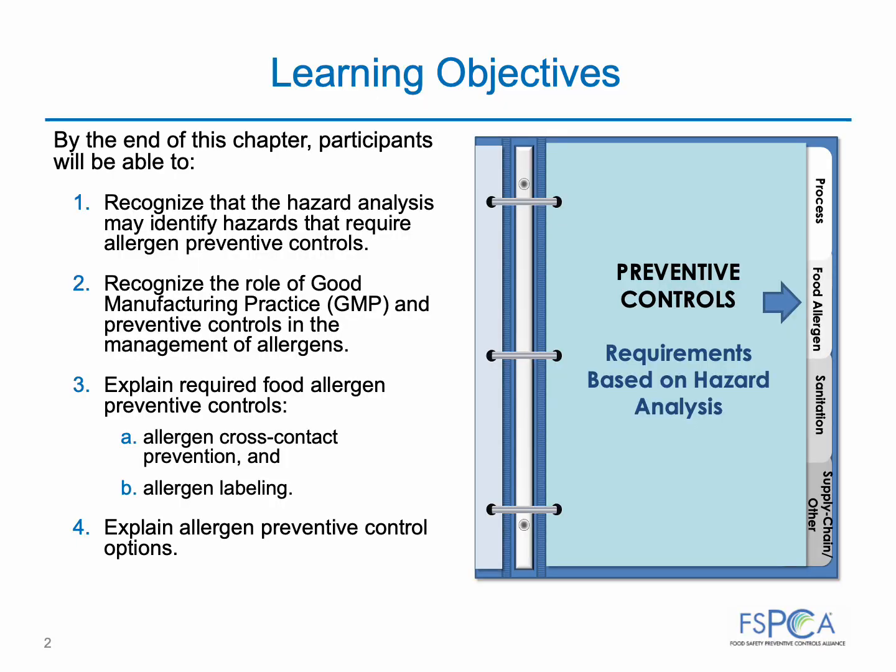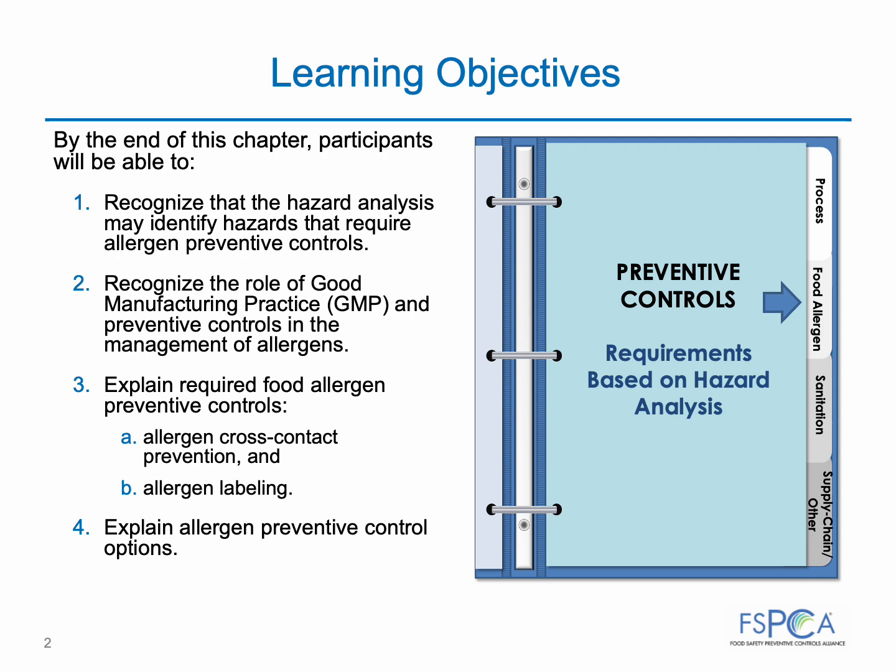The preventive controls for human food regulation requires documented food allergen preventive controls to prevent allergen cross-contact and to ensure accurate allergen labeling is on finished food products.